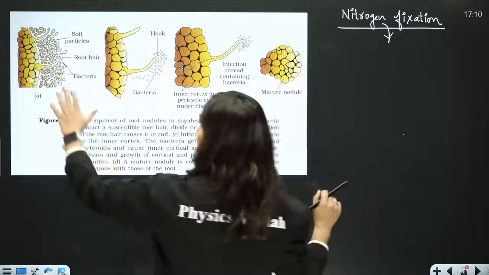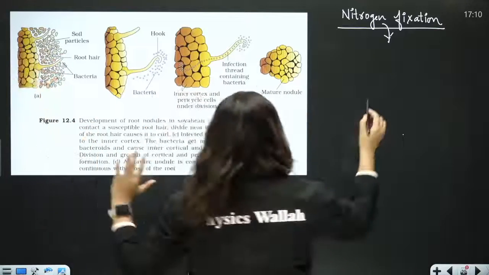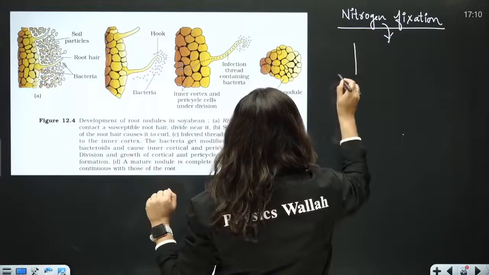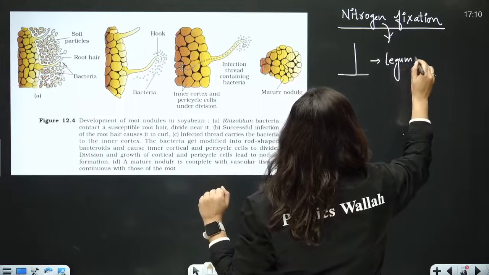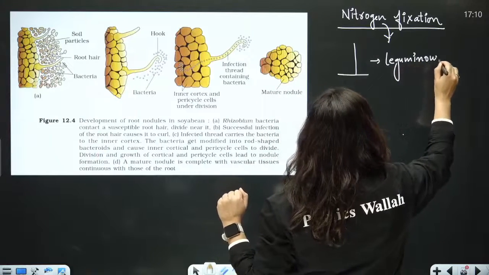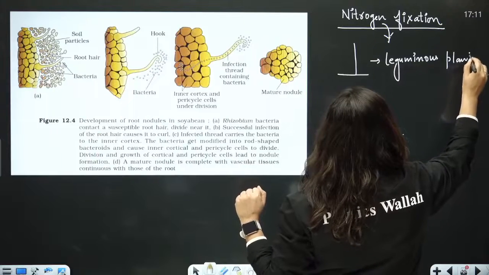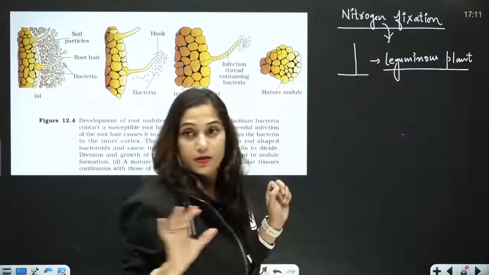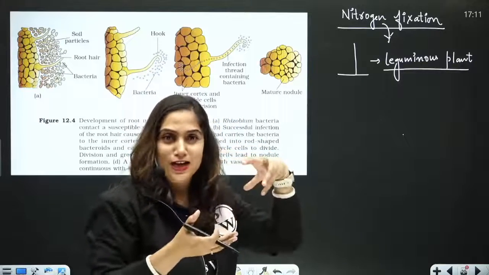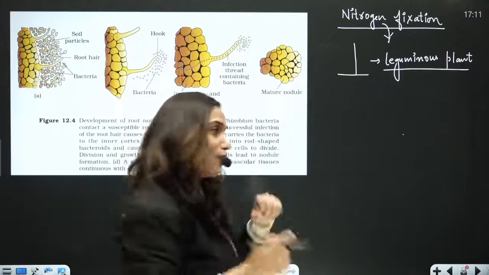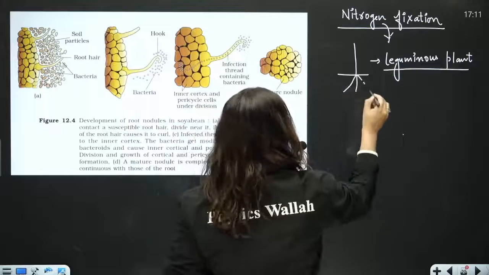So, this is the root of the plant, right? Suppose I have taken a leguminous plant. This is a leguminous plant, right? It's a short plant. It has just germinated, right, from the soil. It's a small plant, and these are the roots.